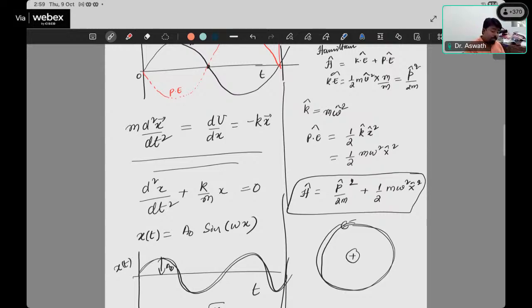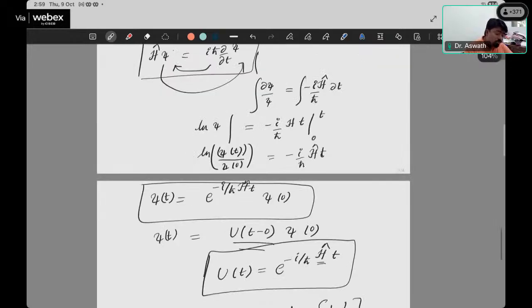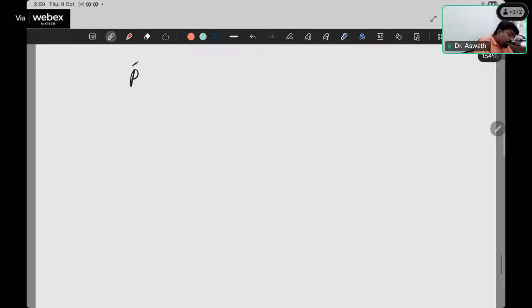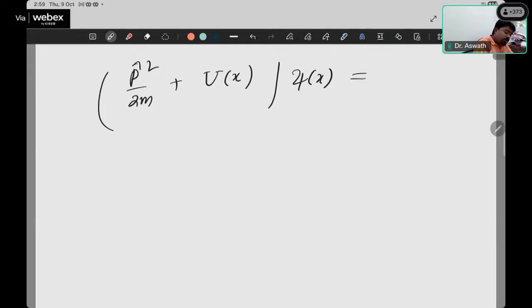Everything I have to bring. I have to solve the Schrodinger equation. How? By using p square by 2m plus potential energy, which is a function of position, multiplied by the quantum system, equal to E multiplied by the quantum system. This entire equation I have to solve.